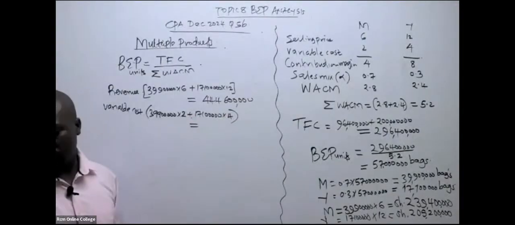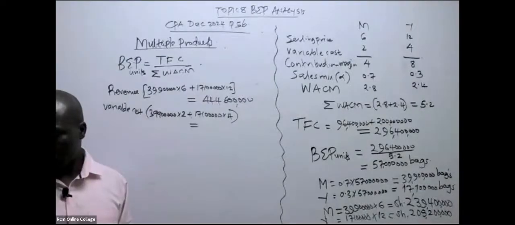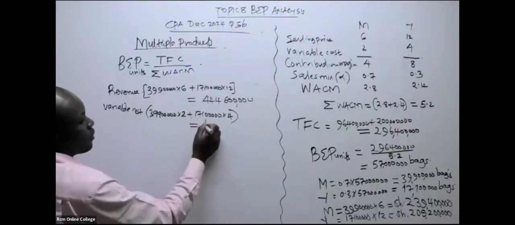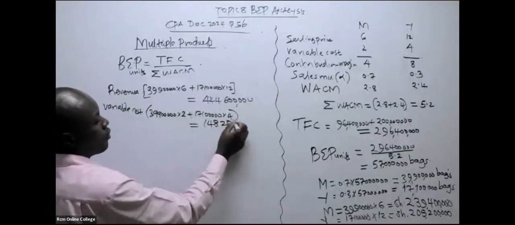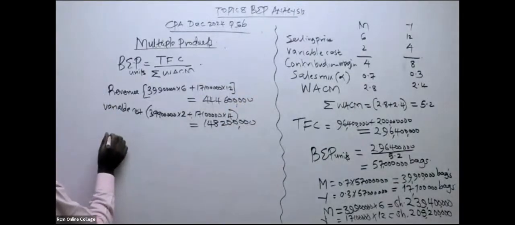How about variable cost? 148,200,000. Good. So when I deduct that, you'll get what we call gross contribution.